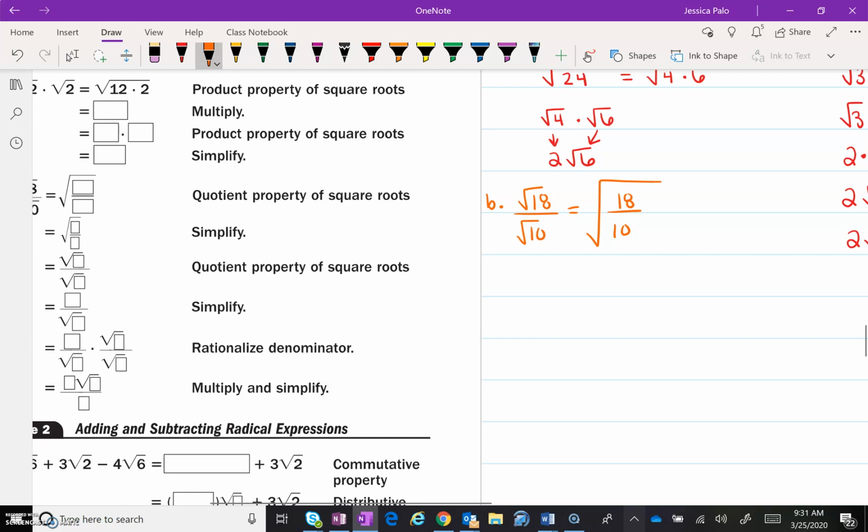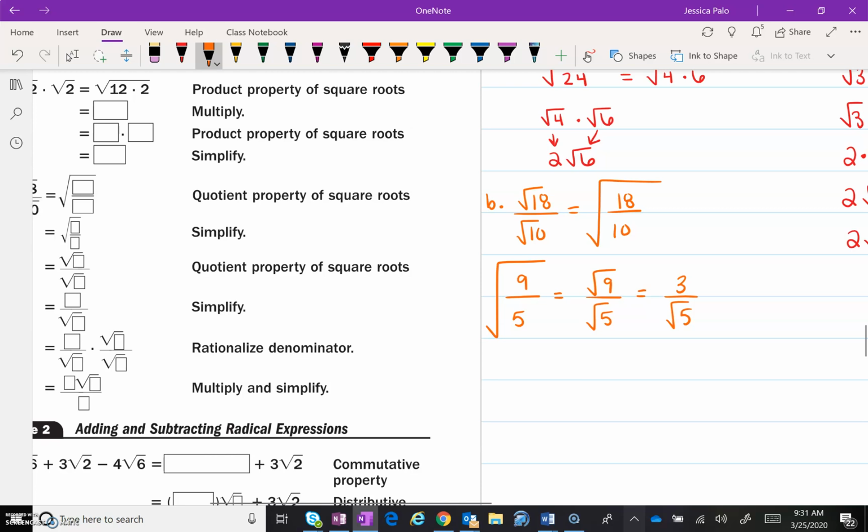We can simplify this before we even start. So we are going to get radical 9 over 5. Radical 9 over 5, which becomes radical 9 over radical 5, which becomes 3 over radical 5.